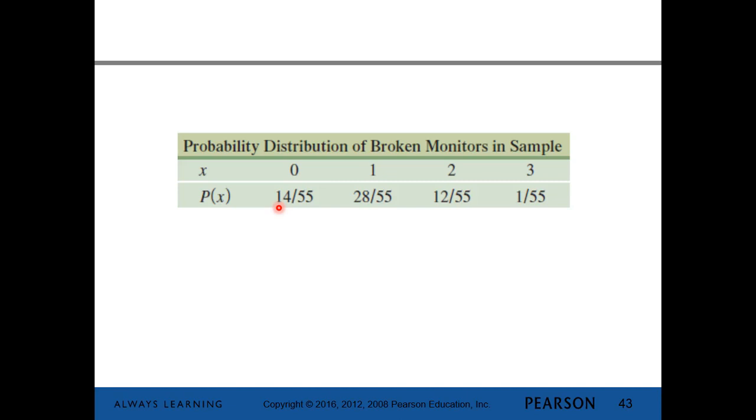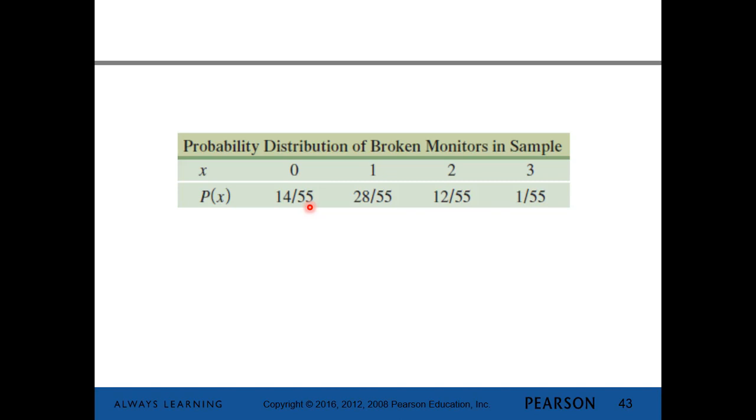He's going to take a sample from a shipment of 12 that contains 3 broken monitors. And how do we figure out the probability? How do we get that 14 out of 55? Because that doesn't look right, right? You're thinking, well, there's only 12 monitors. How do you do that?